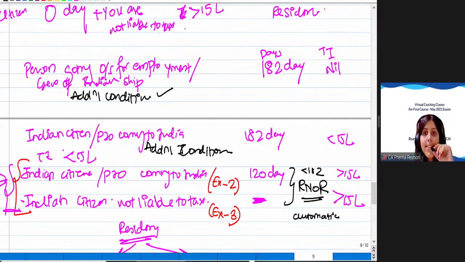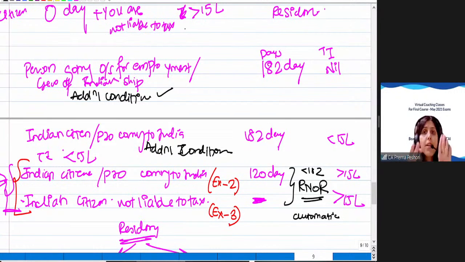Chandana, you're asking if an Indian citizen satisfies 120 days and 365 days condition, then what is the status of the individual? The status of the individual would be resident. And why do we need to check additional condition? Because to classify him as ROR or RNOR. The only additional condition in that case you would satisfy is 120 days but less than 182 days.